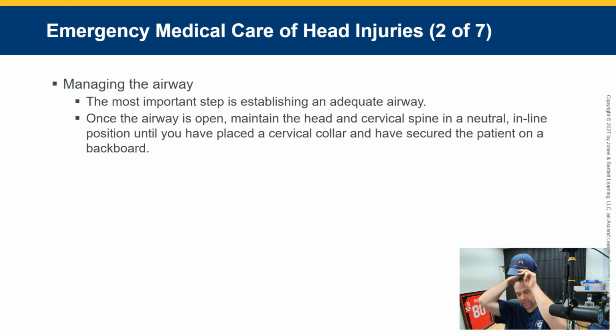But again, airway management, making sure that the airway is open, clear of obstruction, no blood, no vomitus, no broken teeth. So again, have suction available, whether it is an automatic suction or your manual pump suction. It should be readily available to suction the patient's mouth. Now, again, once the airway is open, you need to maintain that head and neck in a neutral inline position.